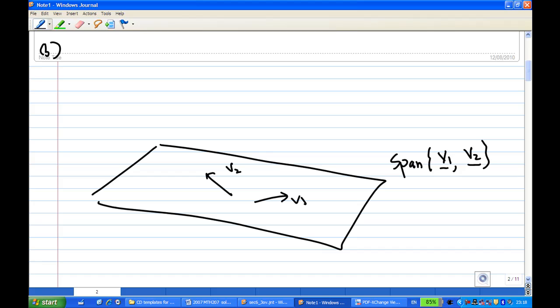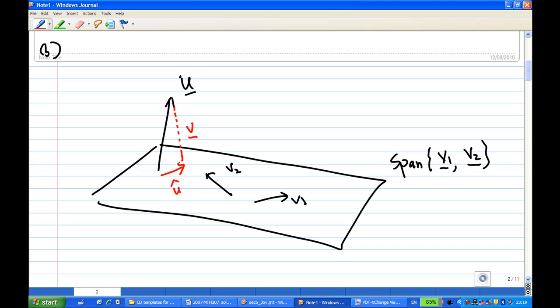And now I have another vector in space, the vector u. And then this u can be decomposed into two parts. One part lies in the span of v1 and v2, and it's called u cap. Another part is u minus u cap.